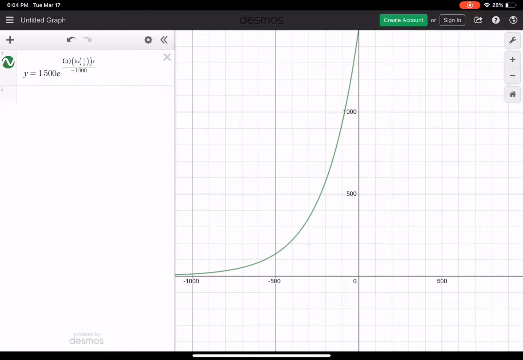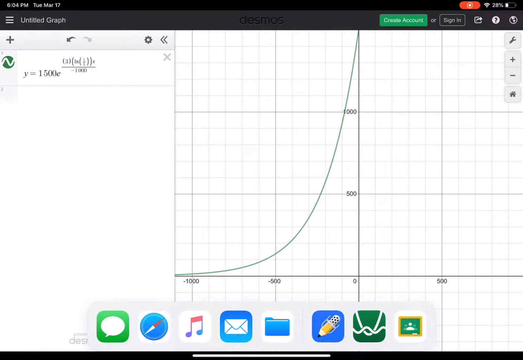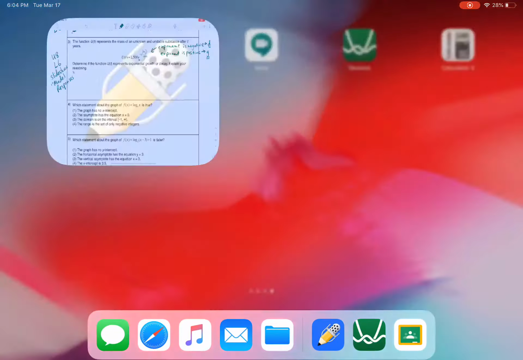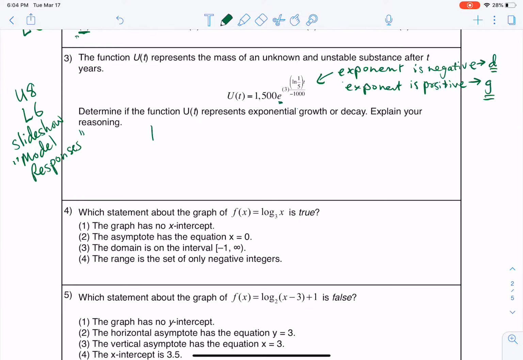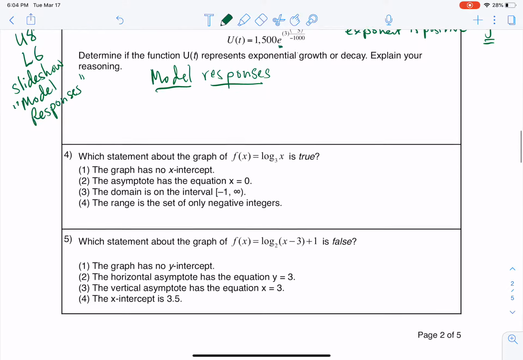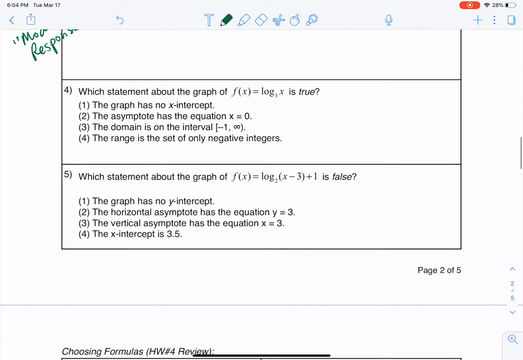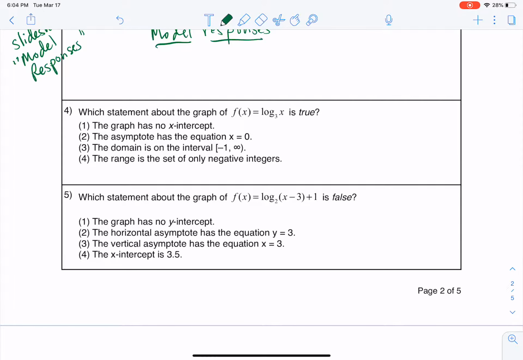One thing I'm looking for in question 3 is that you've looked at the model responses and your answer is in line with what's in those model responses. Okay, question 4 you do not have to do because we're going to demo that. Question 5 is one that you will have to do, and you'll have to look at the graph in order to answer that question.